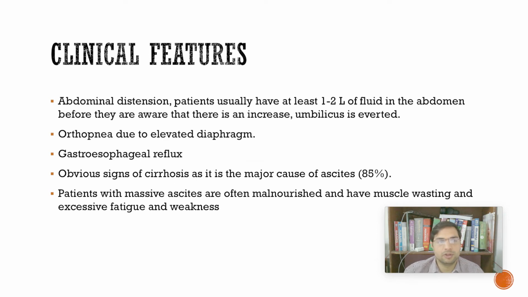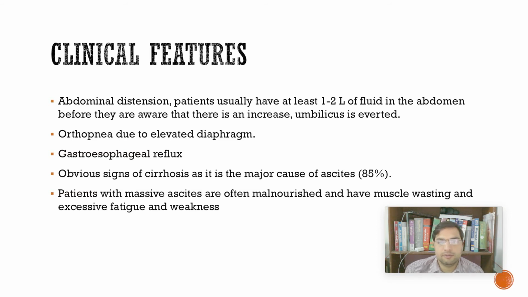Also, because of the fluid below the diaphragm, fluid can ooze through the diaphragm directly into the pleural cavities, causing pleural effusion. So pleural effusions could be there, and because of pleural effusion the person could have breathing difficulties, right?